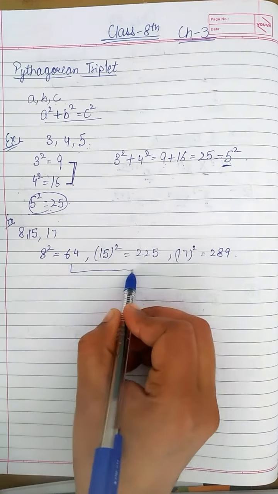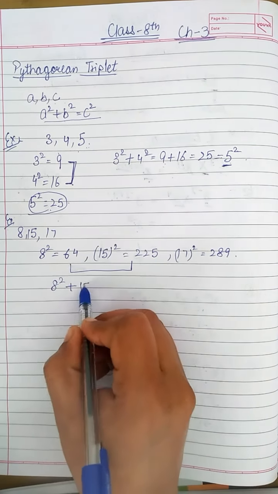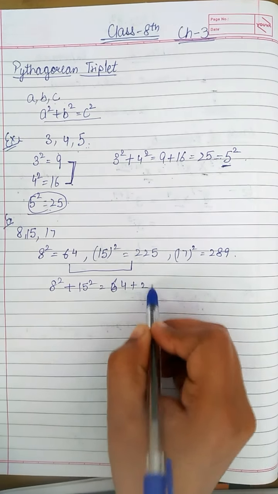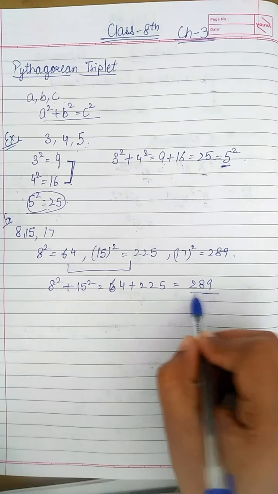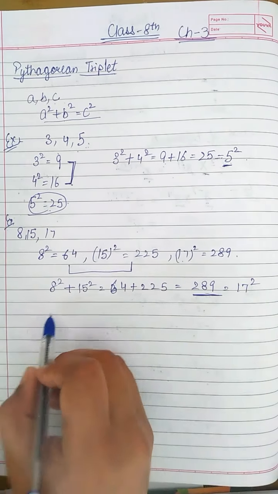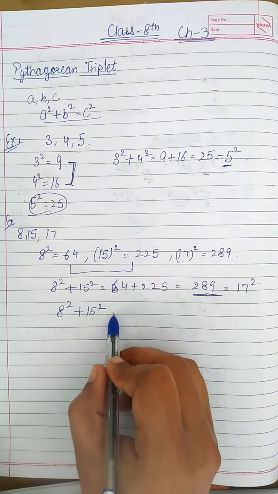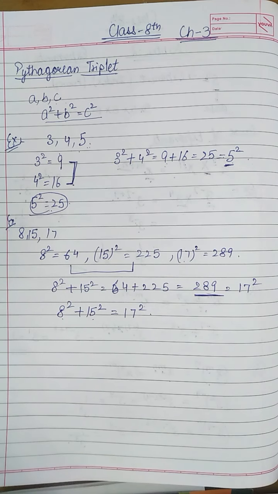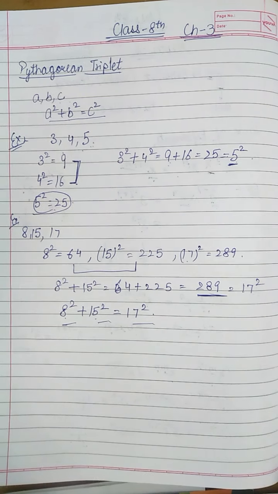So add these two. 64 plus 225 is equal to 289, which is equal to the square of 17. So as you see, the sum of squares of two numbers is equal to the square of the third number. So these three numbers form a Pythagorean triplet.